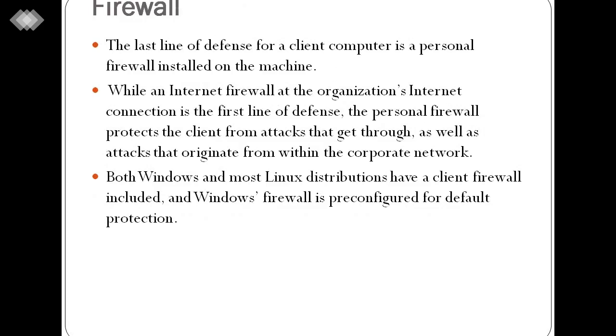After that we learned about the firewall. A firewall for an organization's internet connection is the first line of defense. The personal firewall protects the client from attacks that get through, as well as attacks that originate from within the corporate network. They work as the front line of defense that can protect our computer from unwanted things.